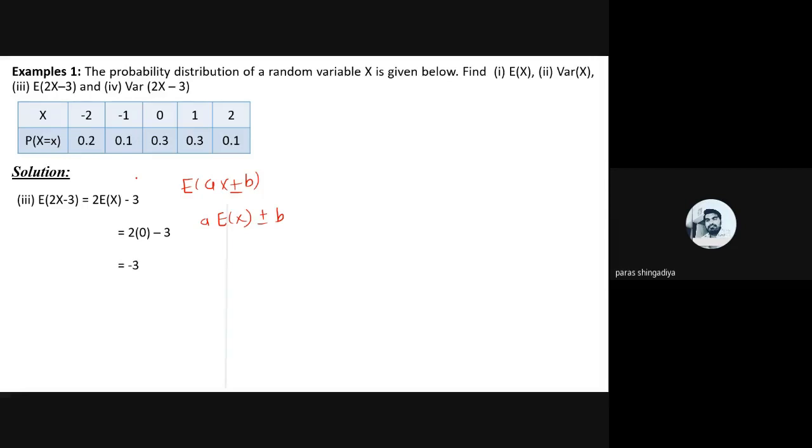And then the fourth one is variance of 2x minus 3. So what is the formula of variance of ax plus or minus b? It will work as a square variance of x. That is the rule for the variance of ax plus b. So it is equal to a square variance of x, that is 2 square variance of x.